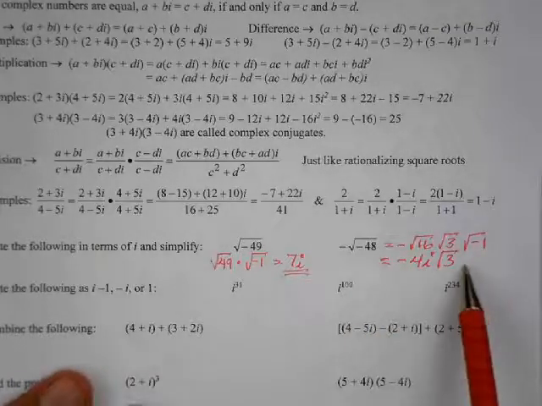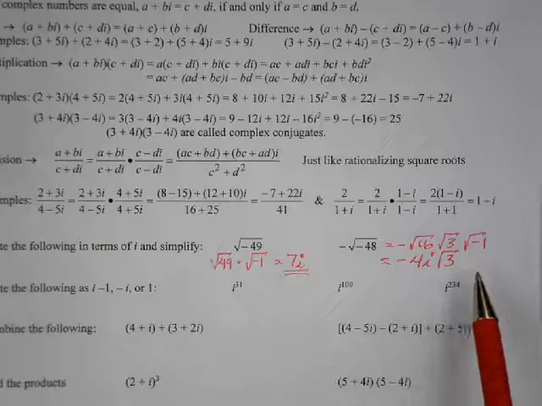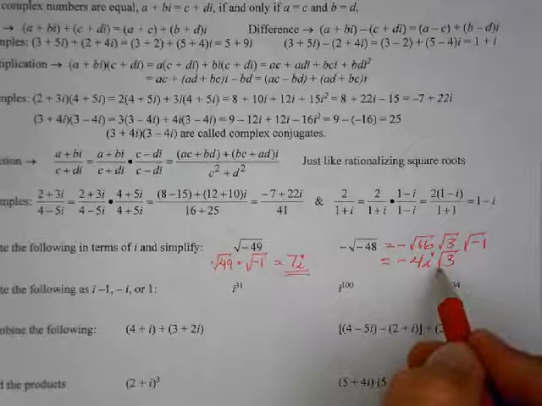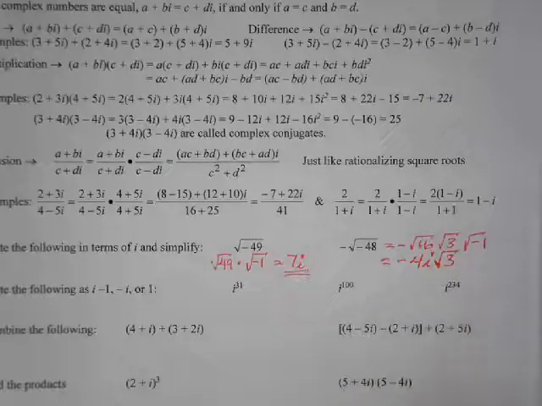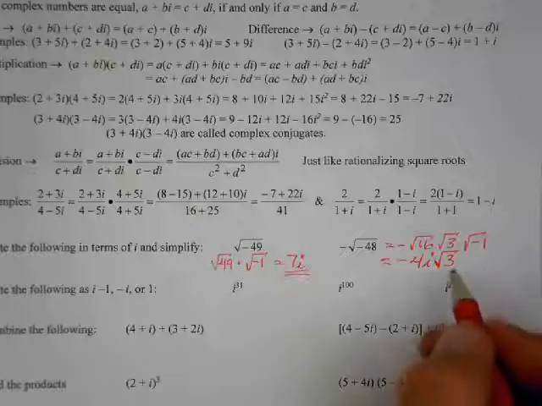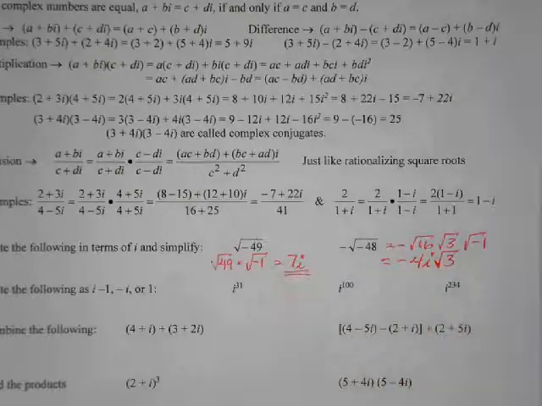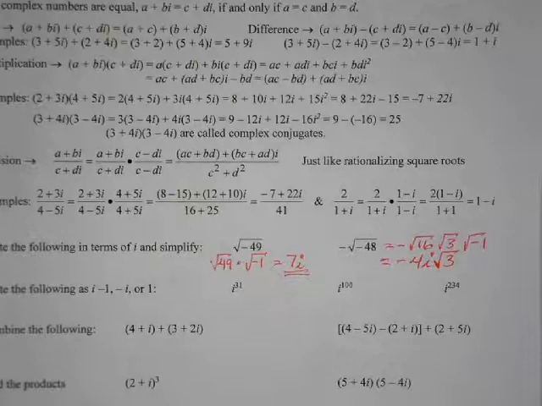Generally, I like to write the i before the square root symbol, because otherwise, if I'm not careful enough in my penmanship, I might think that the i was actually inside the square root symbol. So by writing it here, I make sure to keep that straight. So anyway, that's getting from regular square roots to answers that have i's in them.